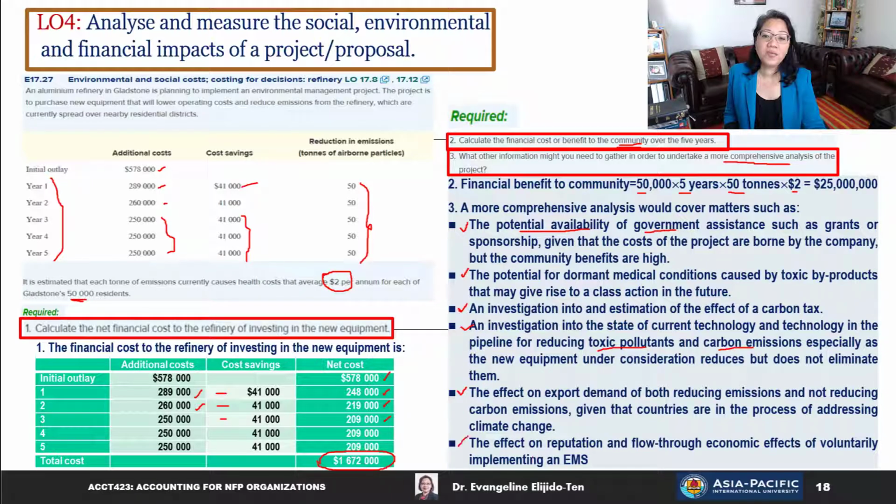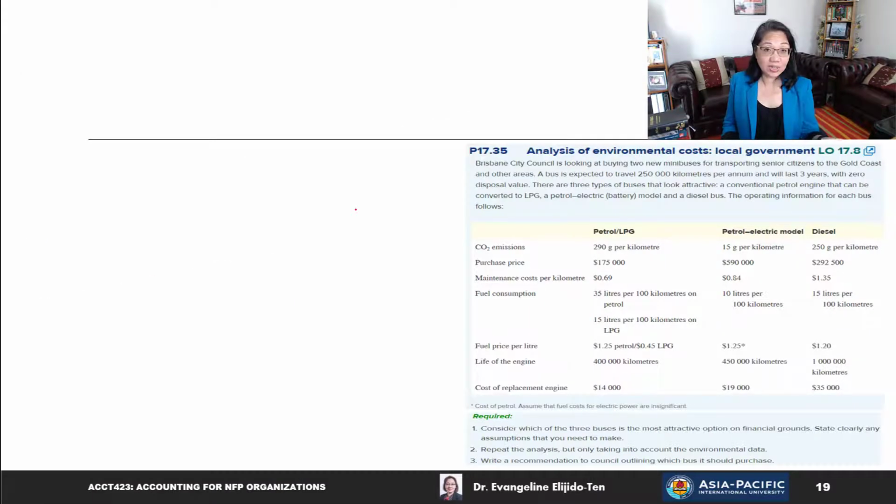And finally, the effect on their reputation and the flow-through economic effects of voluntarily implementing an environmental management system could be something that they could take into account. All right. Here is another proposal that we will analyze using both the financial and environmental lens.